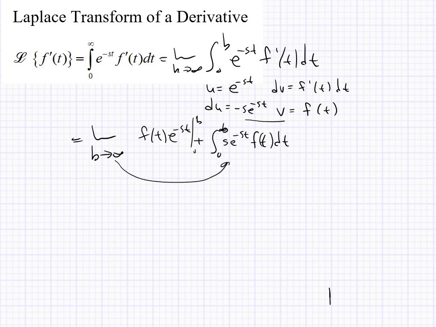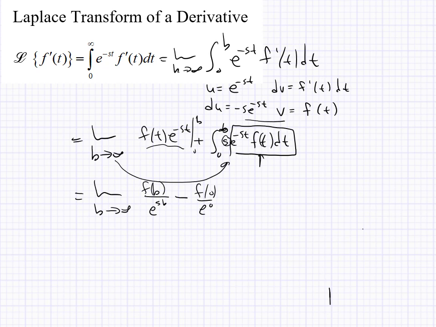Well, looking at this one here, this is the Laplace transform for f of t times s. So I could rewrite this as the limit as b goes to infinity of this, which would be f of b over e to the sb, again because it's a negative exponent, minus f of 0 over e to the 0 plus s times the Laplace transform of f of t.